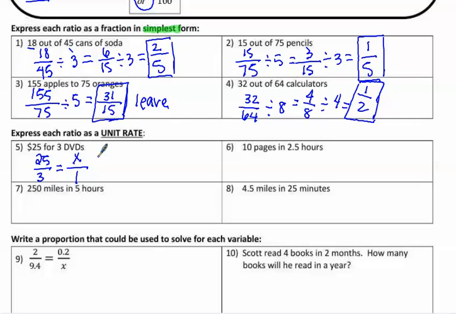So here you're going to cross multiply and say 25 times 1 is 25. 3 times x is 3x. You have a one-step equation. Now you want to solve by dividing each side by 3. You get $8.33 per DVD.